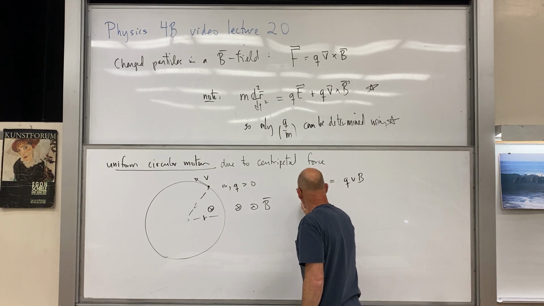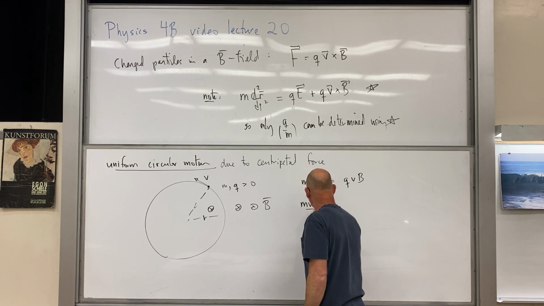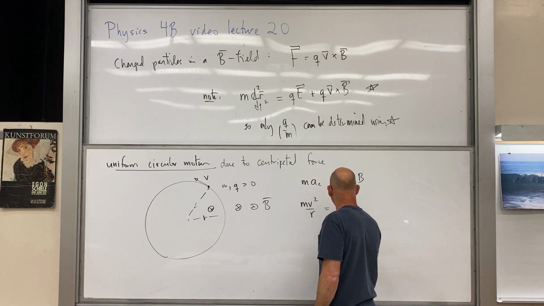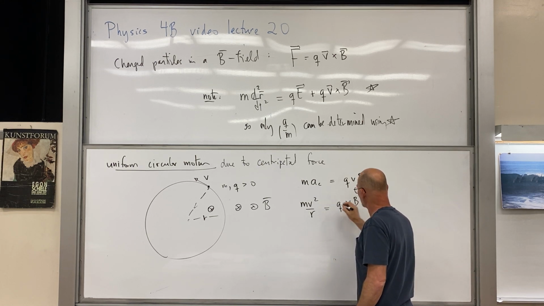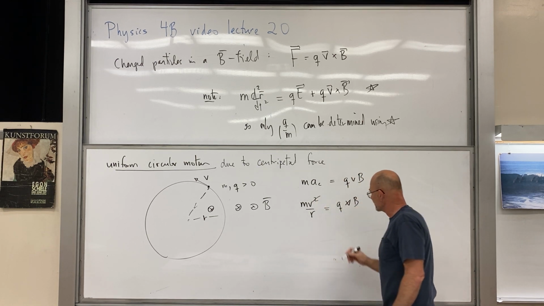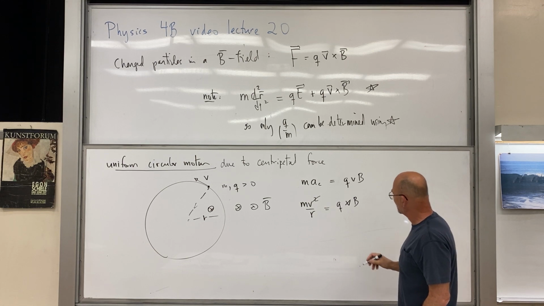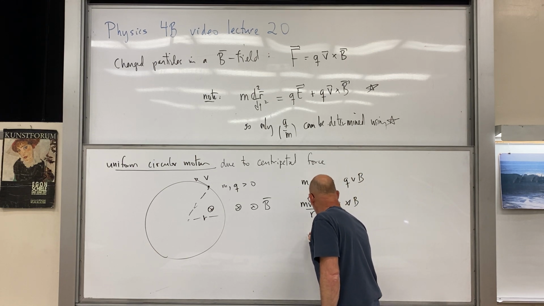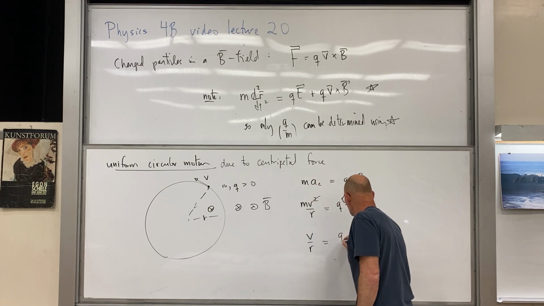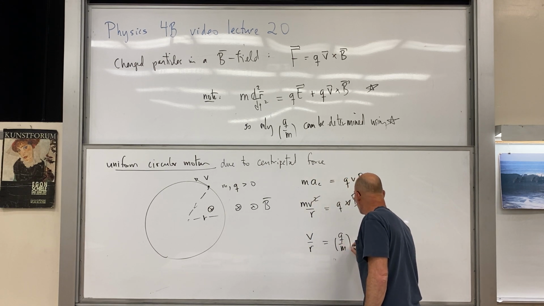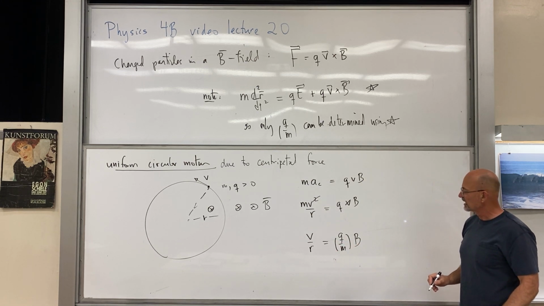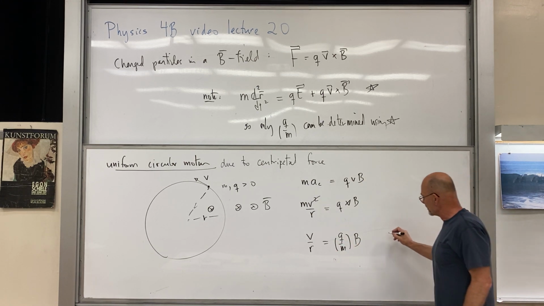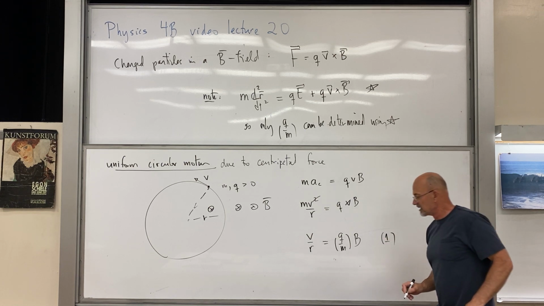So m v squared over radius is equal to q v B. So we can strike one of the v's there. So I'm going to write v over r is equal to q divided by m times B for the moment, okay? And let's just call this 1 here.